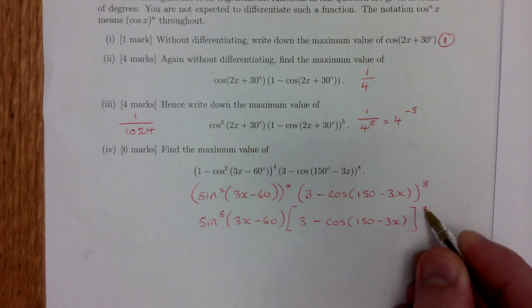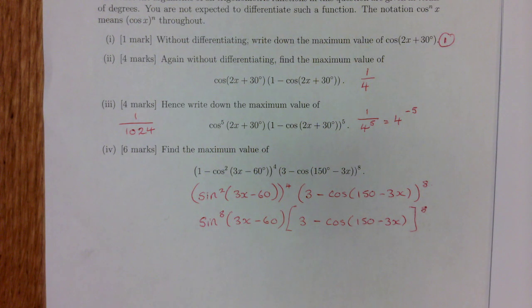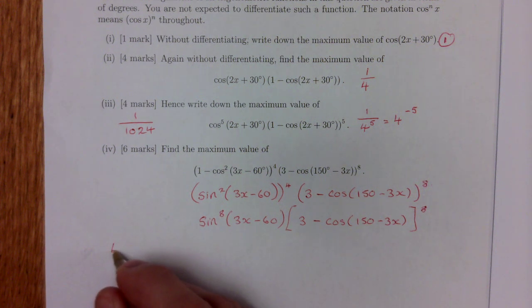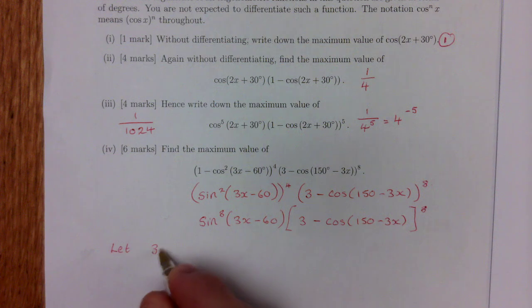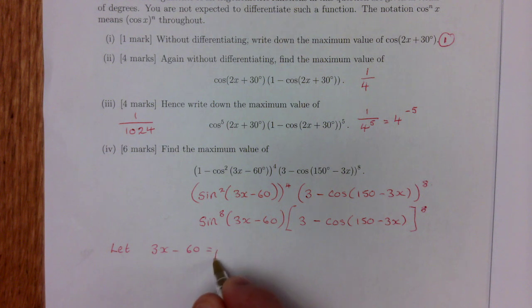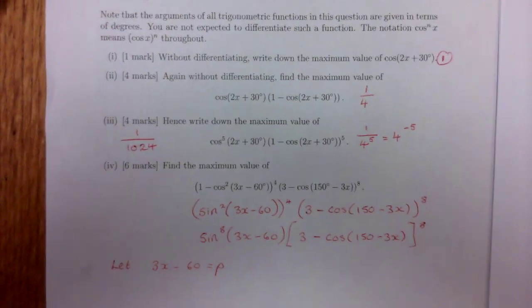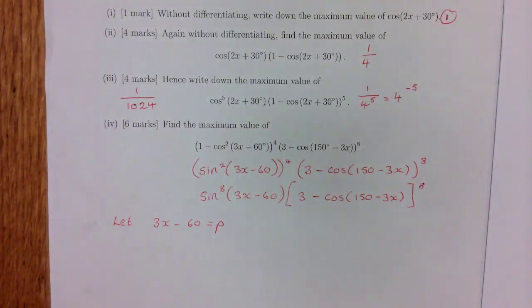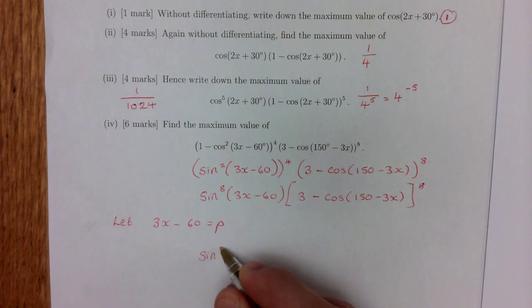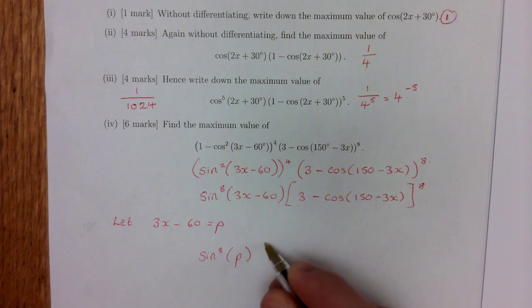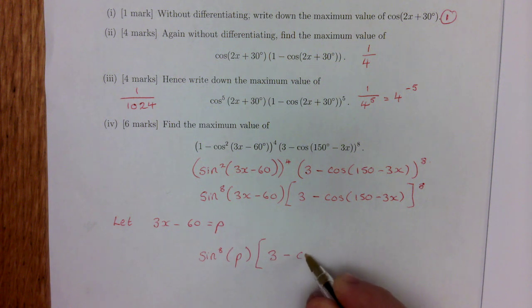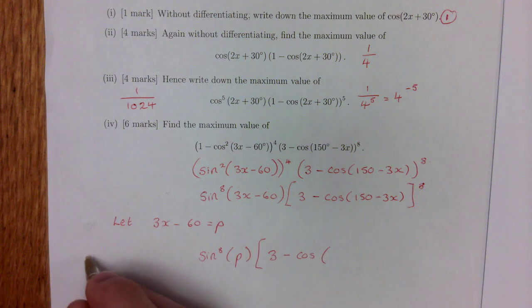Now, what you want to do in a case like this is you want to anchor one of these arguments, so one of these things. And what I mean by that is, let's say that 3x take away 60 equals p. Okay, so if 3x take away 60 equals p, then what we've got is sine to the 8 of p times by 3 take away cosine of, well, what's this going to be?